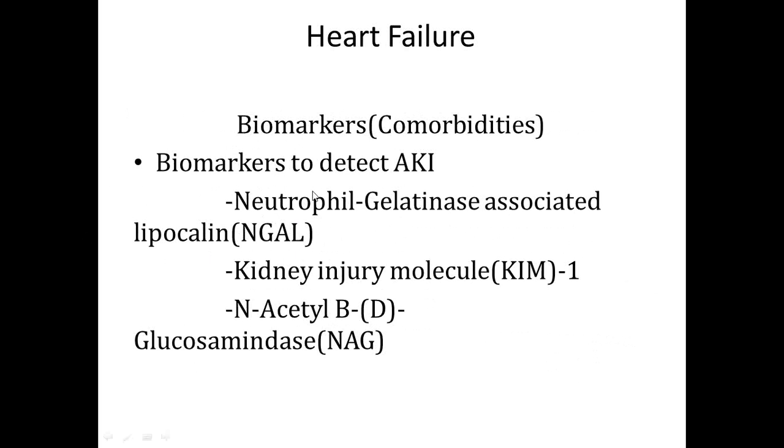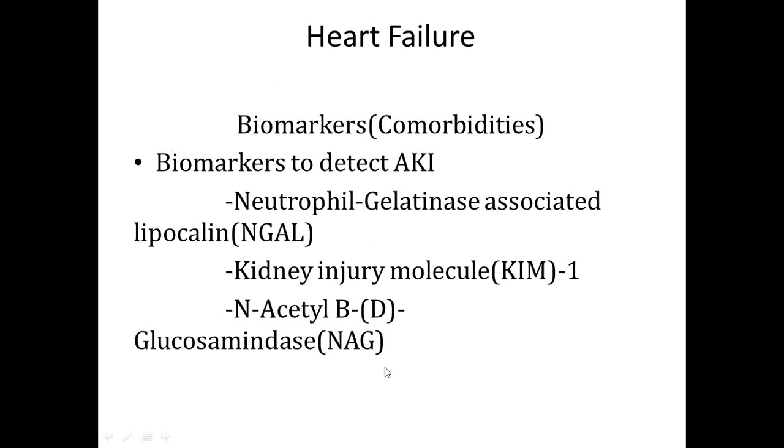And we have some markers to detect acute kidney injury. Okay, the so-called NGAL, which is neutrophil gelatinase-associated lipocalin. So these are biomarkers for acute kidney injury. Also, the KIM-1, which is the kidney injury molecule, so another marker, and then the NAG, which is the N-acetyl-beta-glucosaminidase.